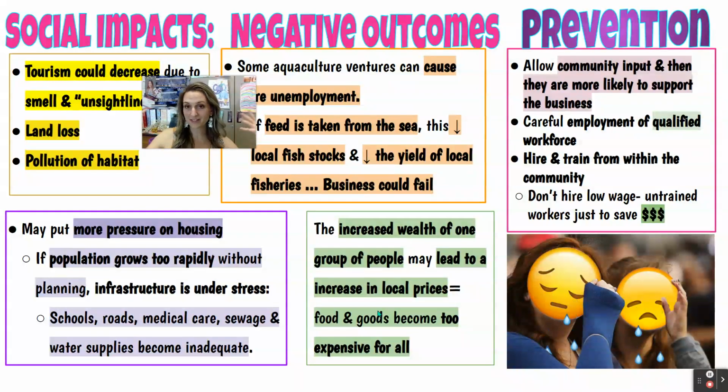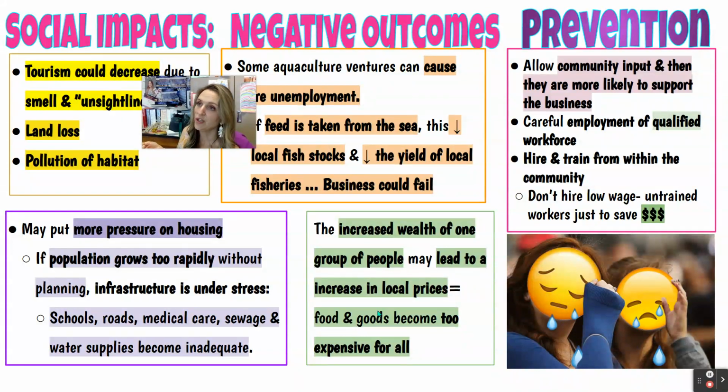And if there's a group of people that have a bunch of money, businesses might exploit that by increasing their prices, but that might be a deterrent and a negative situation for other groups of people in the community. And that could just cause them to have a poor taste for the aquaculture business in the area.